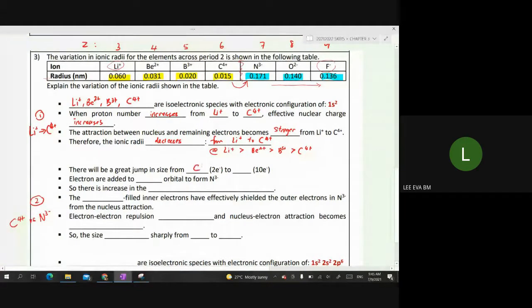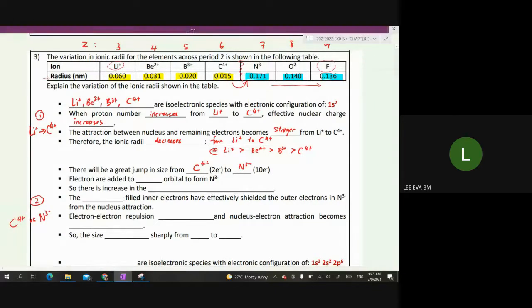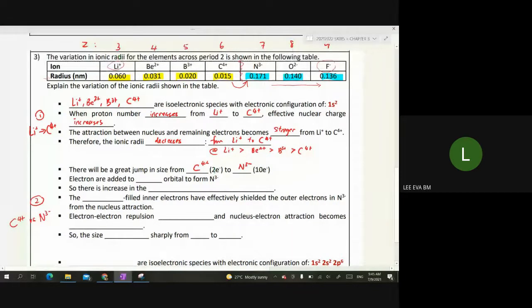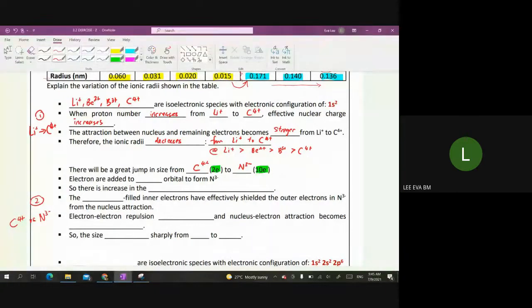So over here we have the carbon 4 positive. And then 2 nitrogen, 3 negative. So over here you can see a very sharp difference between the carbon and the nitrogens in terms of the number of electrons.